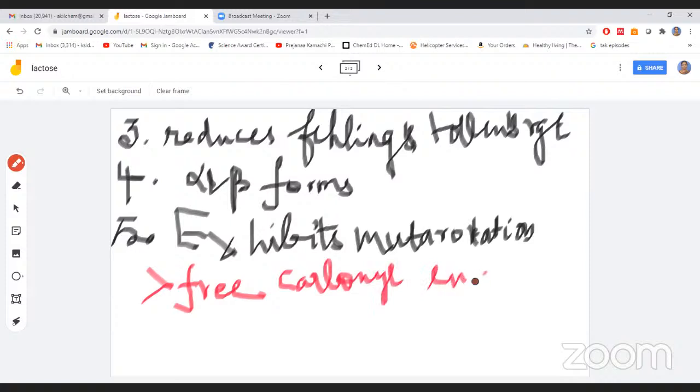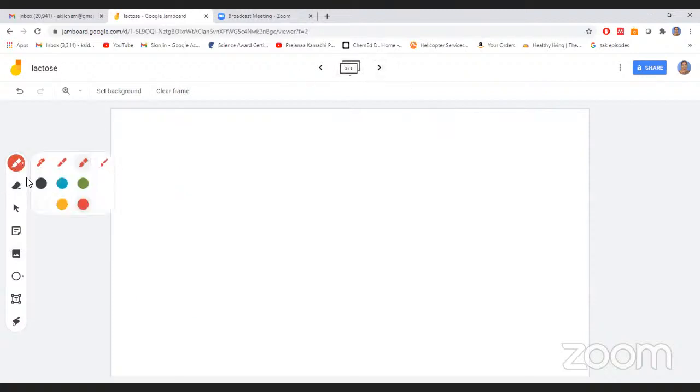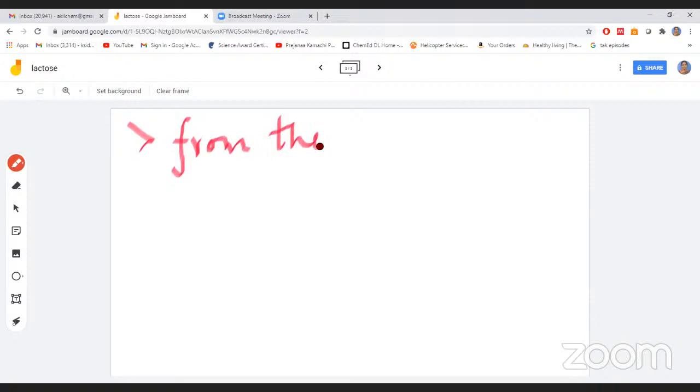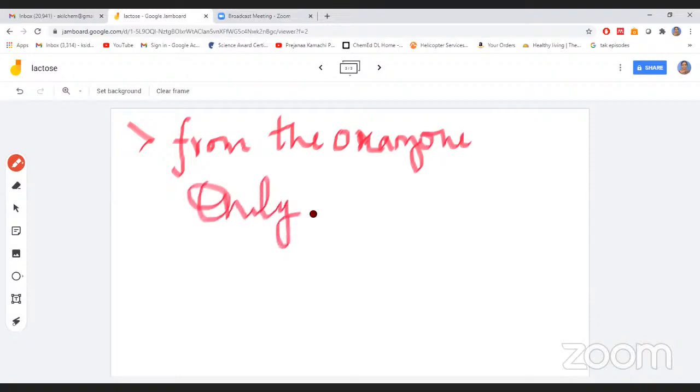And once again, from the osazone that is formed, we can understand that there is only one free carbonyl end.